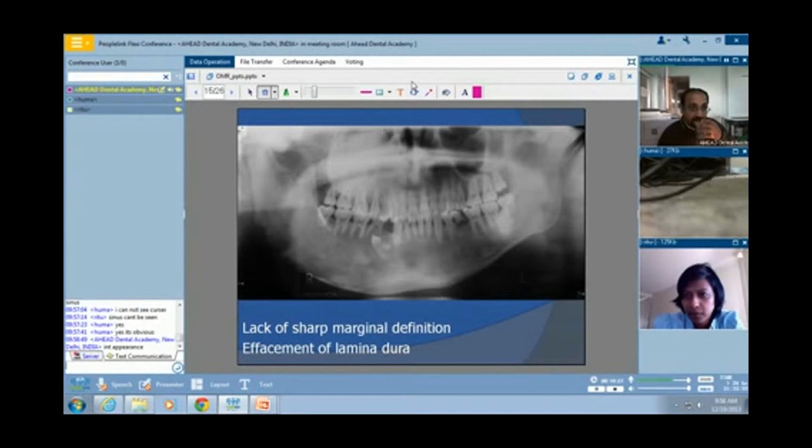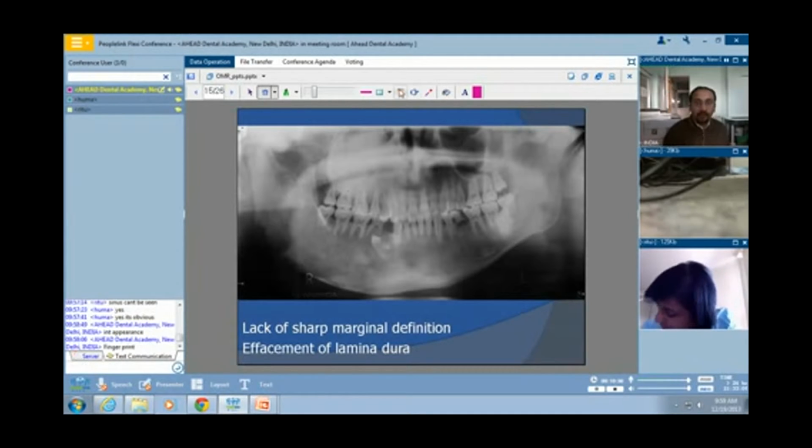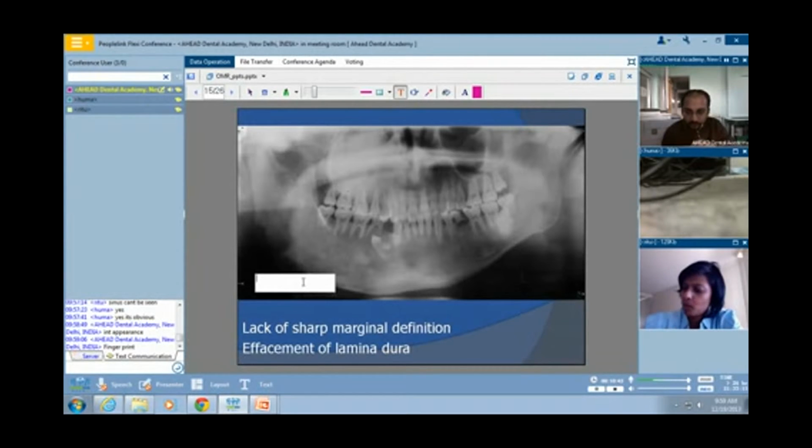This appearance is actually not seen in any other condition. If you see your finger or thumb, you can make out that there are certain whorls of fingerprint-like appearance. Similar appearance is seen in fibrous dysplasia. Is it clear? So these are certain unique radiographic features.